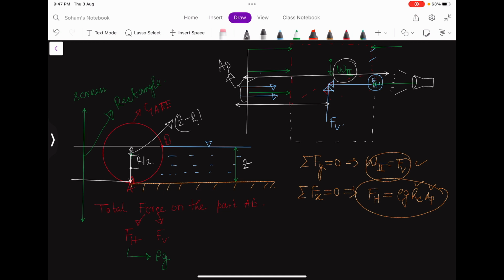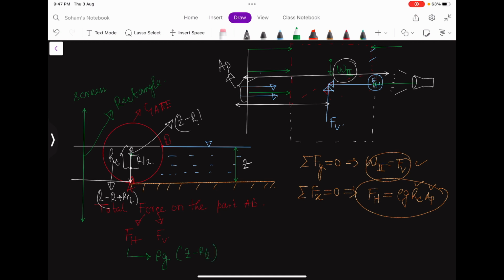So hc equals z minus r plus r by 2, and Fh is rho g into z minus r by 2.